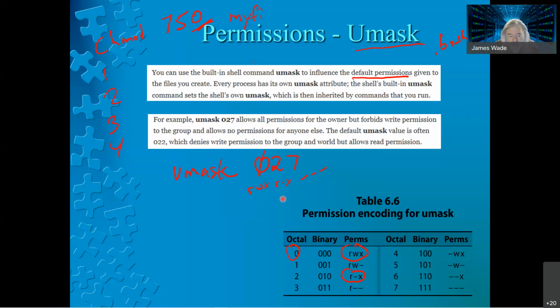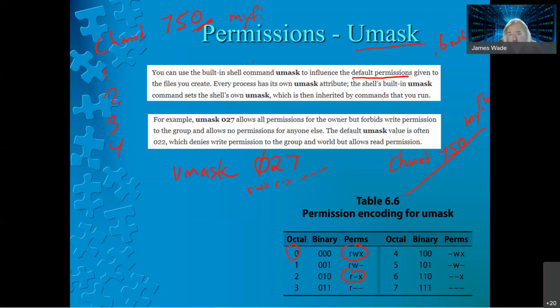Answer yes in the chat session. What that means is when I create a file, it's going to have this permission. Now, let's say I didn't do this and I created the file. Well, I would have to do a chmod 750 on my file.